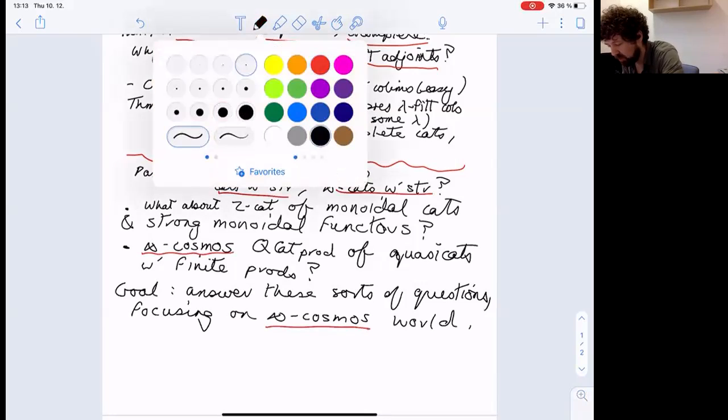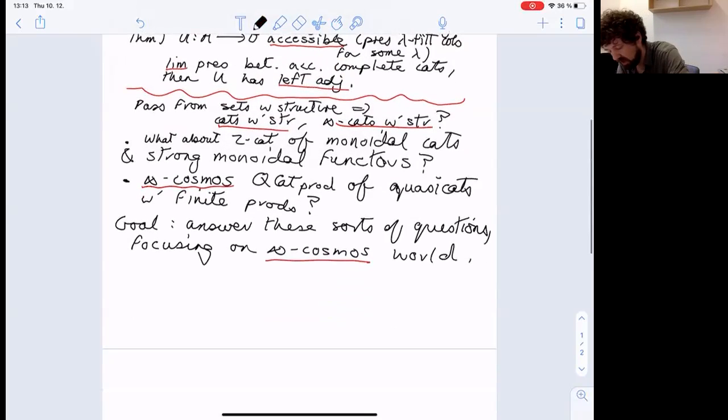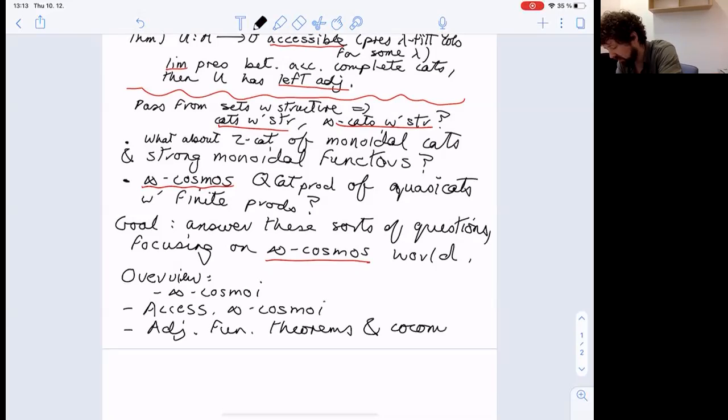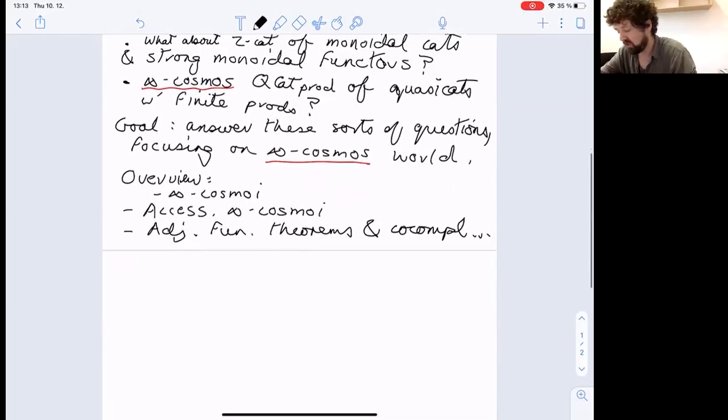And so the overview, so you can see where I am on the page: first I'll remind you about infinity cosmoi, then I'll talk about accessible infinity cosmoi, and finally I'll talk about the adjoint functor theorems and co-completeness, which is based on joint work with Lukáš Vokřínek.